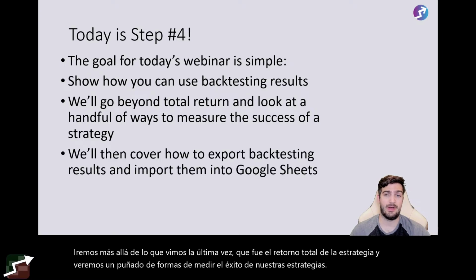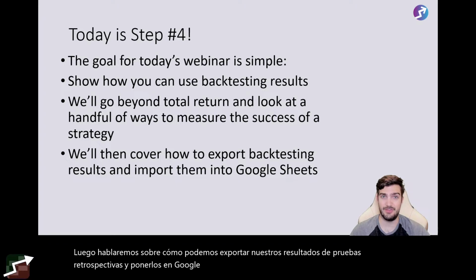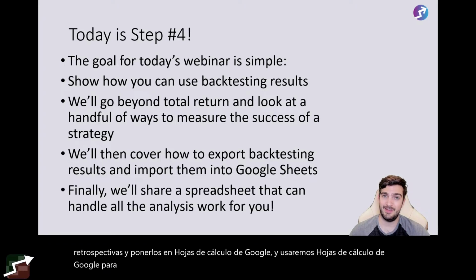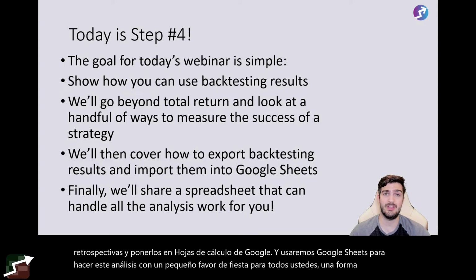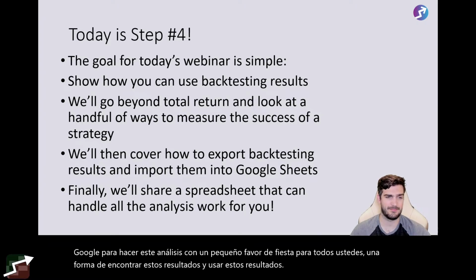Then we'll talk about how we can export our backtesting results and put them into Google Sheets, and we'll use Google Sheets to do this analysis, with a nice little party favor for you all, a way of finding and using these results by just clicking copy and paste.